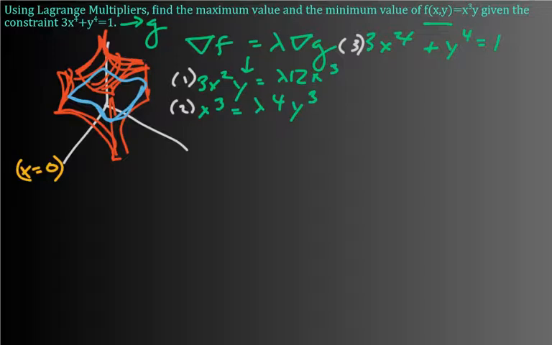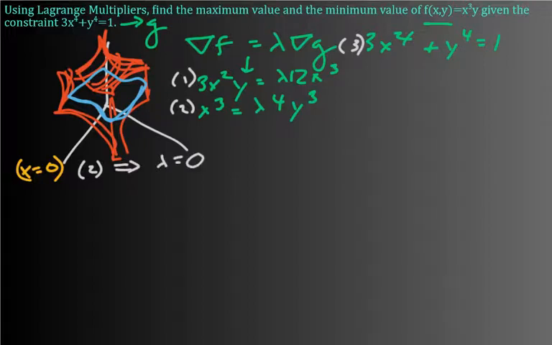So if x equals 0, the first equation is satisfied trivially, because you have 0 equals 0. But with x equals 0 in the second equation, that would imply that lambda has to equal 0.